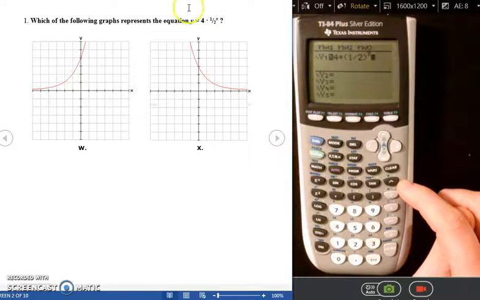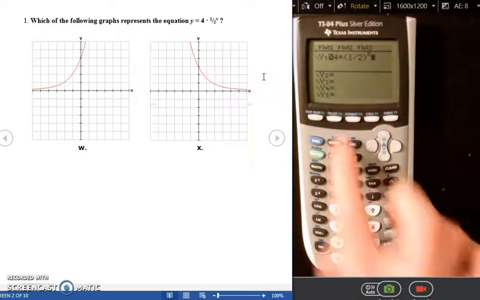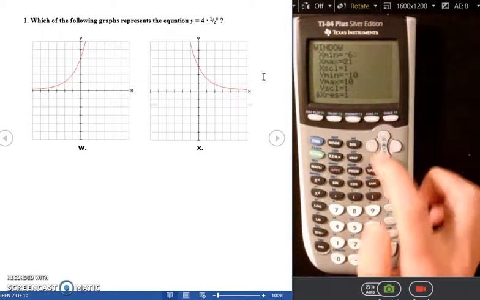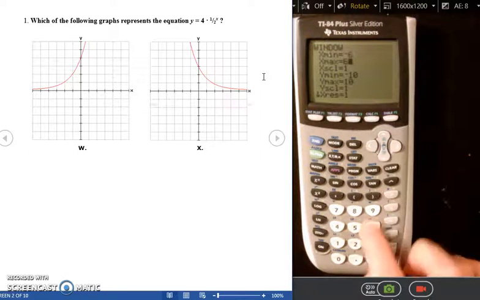And so now I'm looking at my window here that the problems give me, and it goes from positive 6 to negative 6 on the y and the x-axis. So I'm going to go into the window button and set it from negative 6 to positive 6.